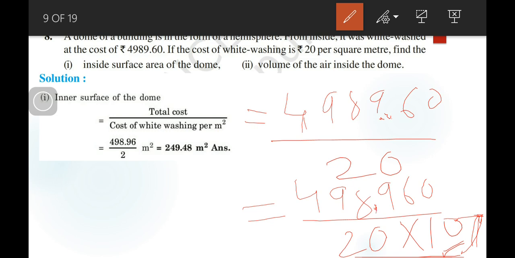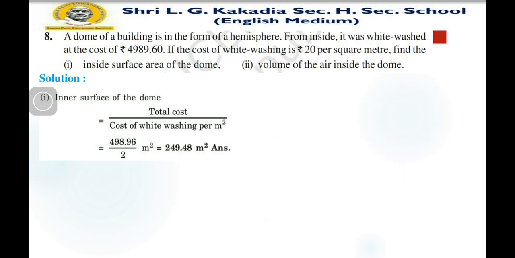So after that we get 498.96 divided by 2, which is equal to 249.48 centimeter square. So it is the curved surface area of the given hemispherical dome. So now let me find the radius of the given hemispherical dome.